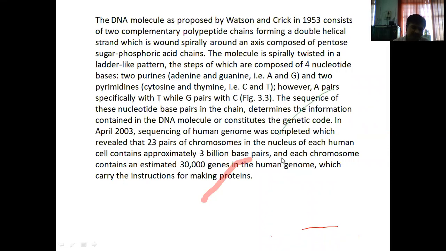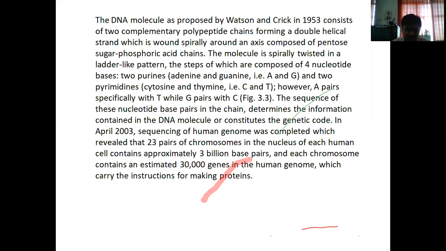Remember, 3 billion base pairs, and each chromosome contains an estimated 30,000 genes in the human genome.